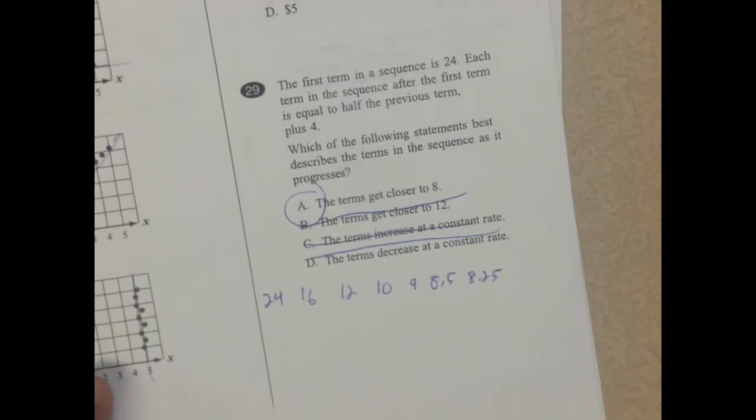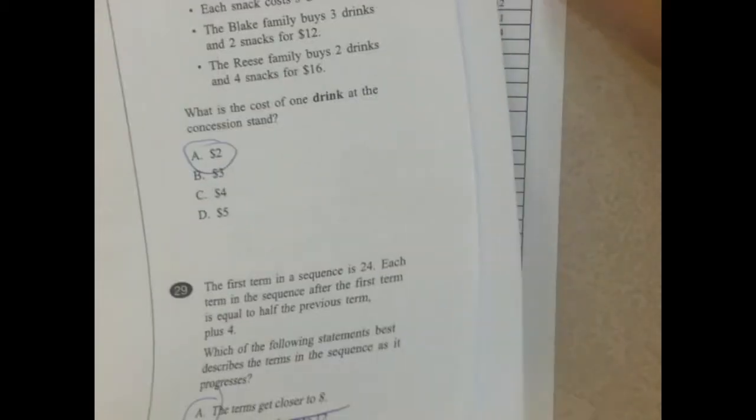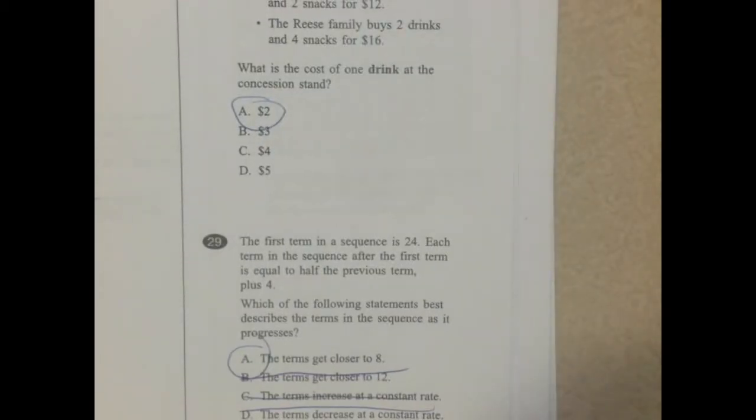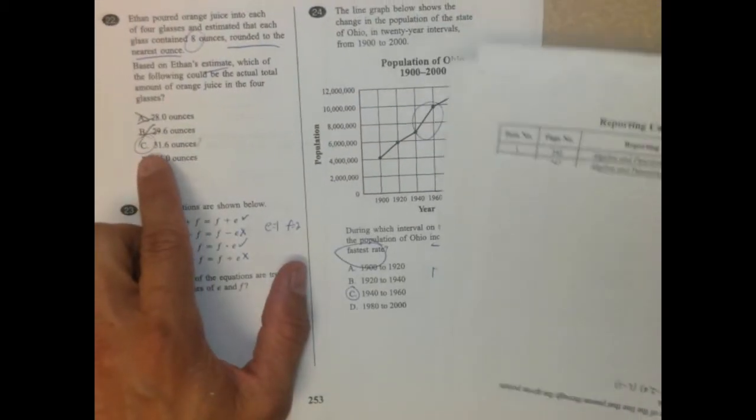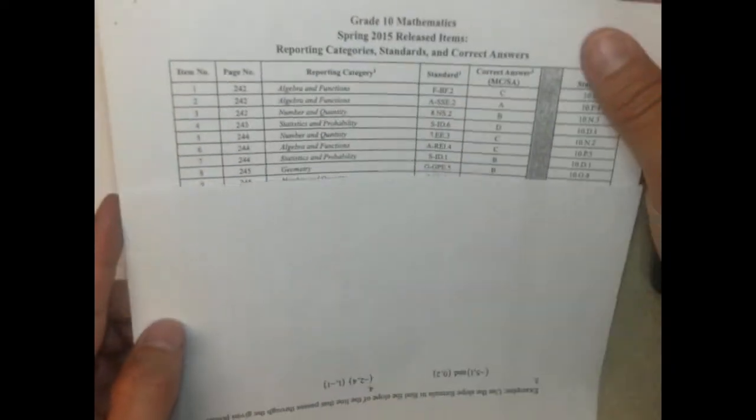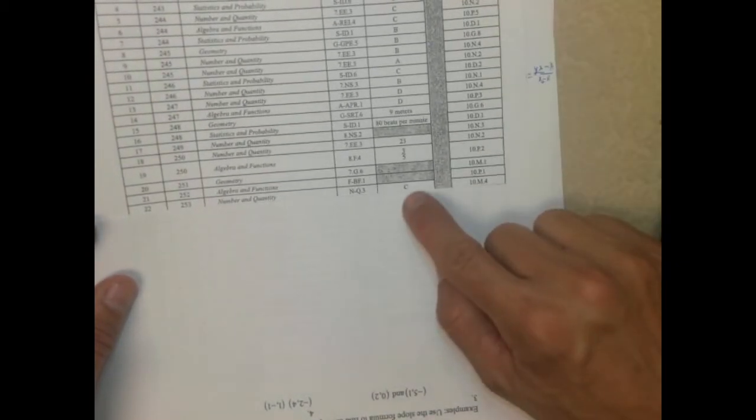So before we stop, let's just check our answers and see how we did. So let's start with number 22. Zoom out a little bit. So 22, we got C. We got that right.